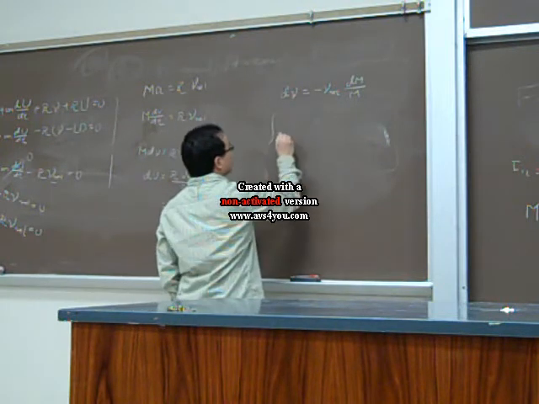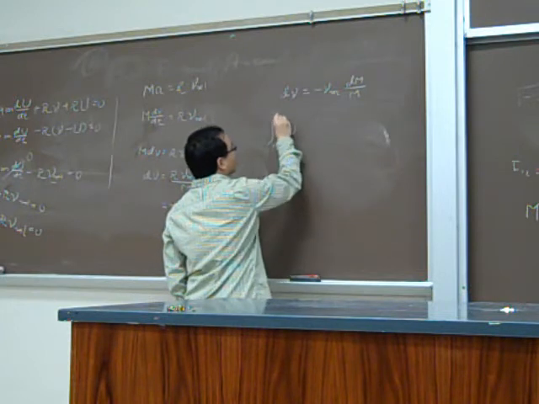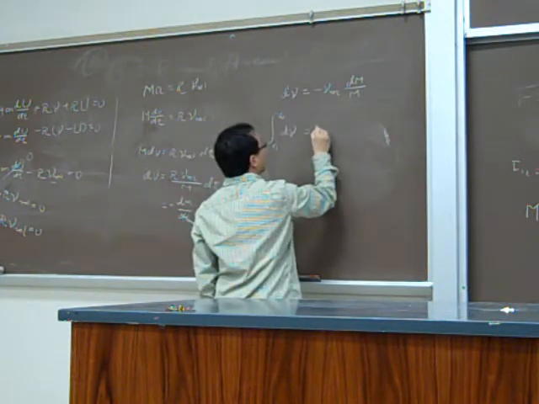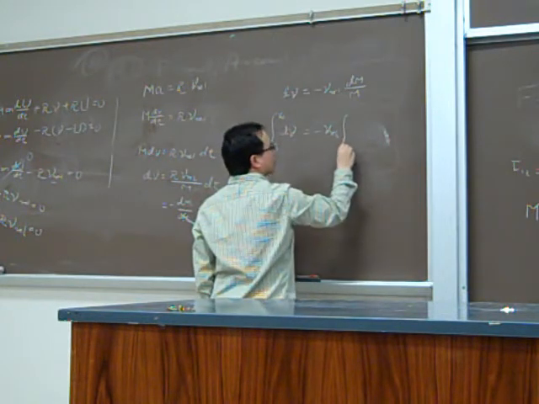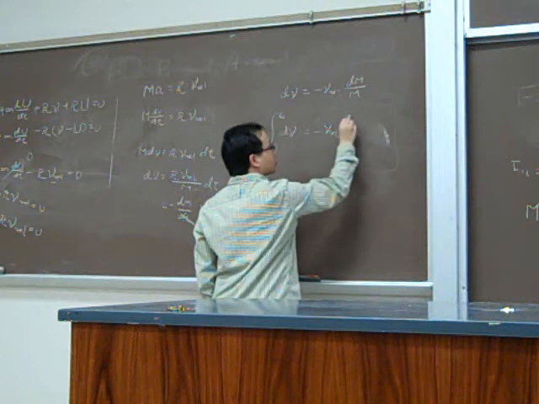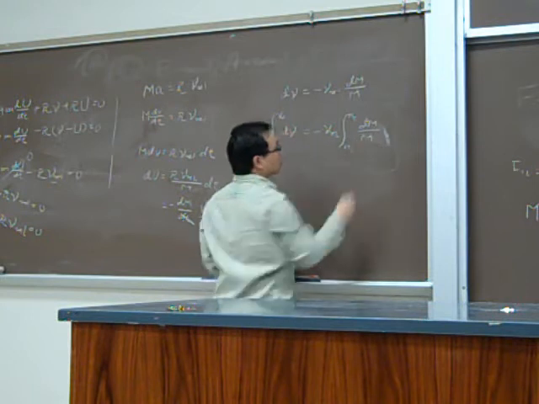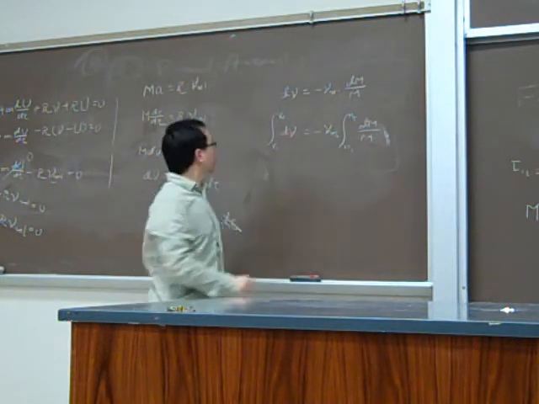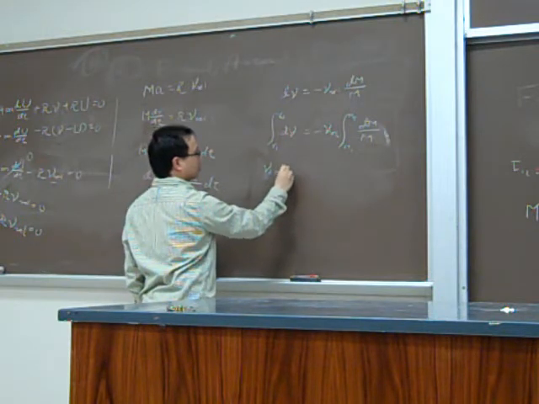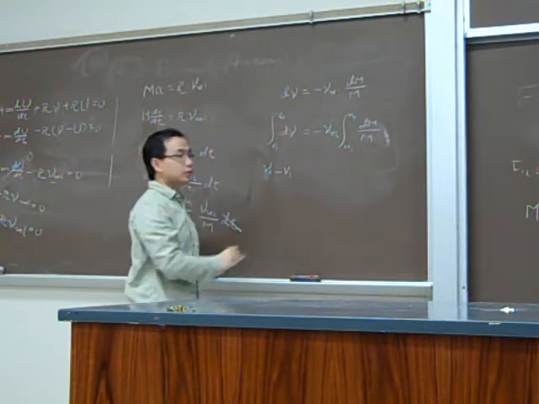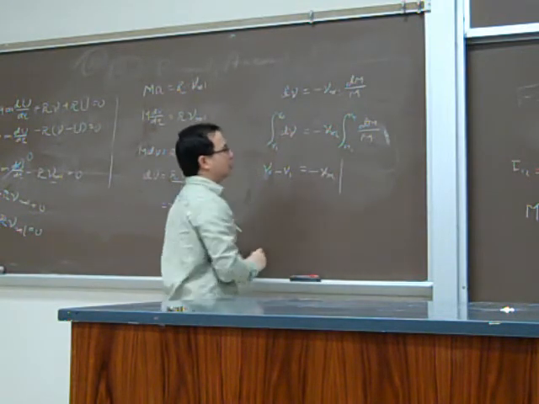We integrate as a definite integral: on this side from initial velocity to final velocity, and on the other side from the initial mass of the rocket to the final mass of the rocket, dM over M. And we know how to do this kind of integral, right? On this side, what do you get? v final minus v initial, right?